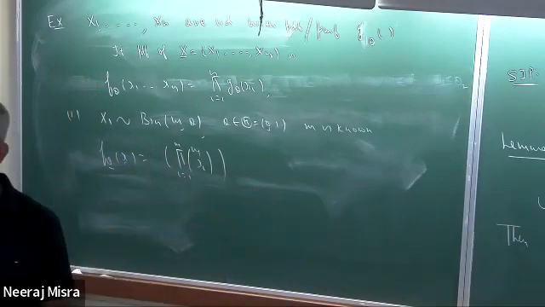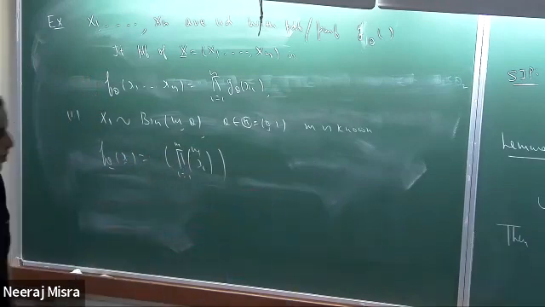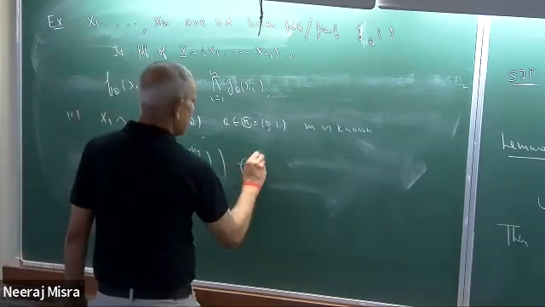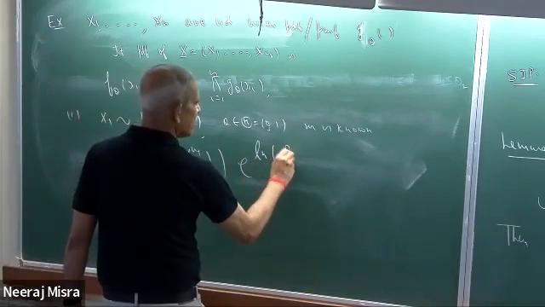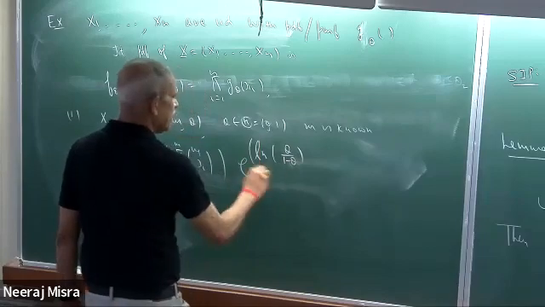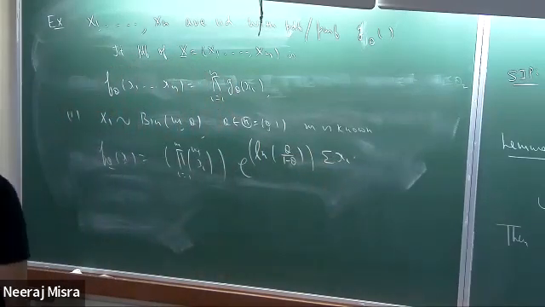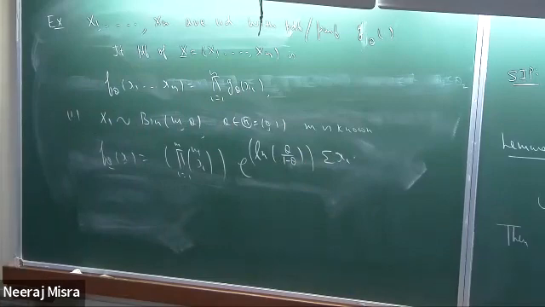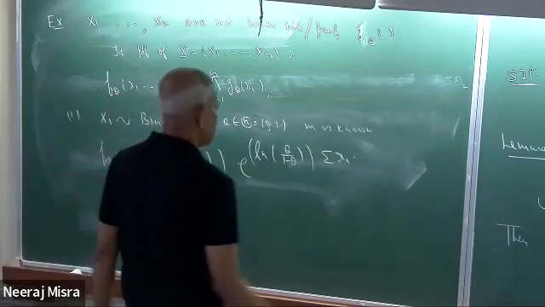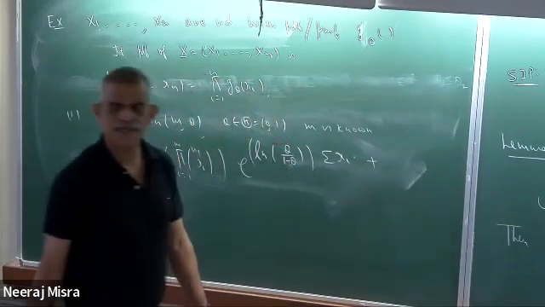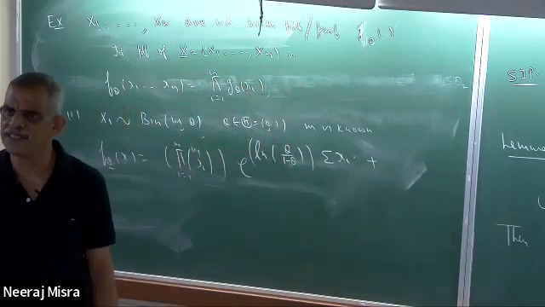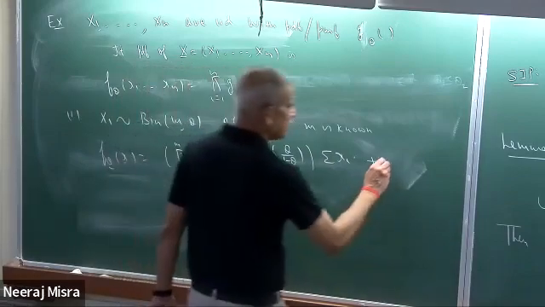I write that in exponential form, so it becomes e to the power log of theta upon 1 minus theta into summation xi. Is that okay? I can write this in terms of x bar also, because it will be just multiplying by n, and then plus 1 minus theta to the power n, which is n log of 1 minus theta.